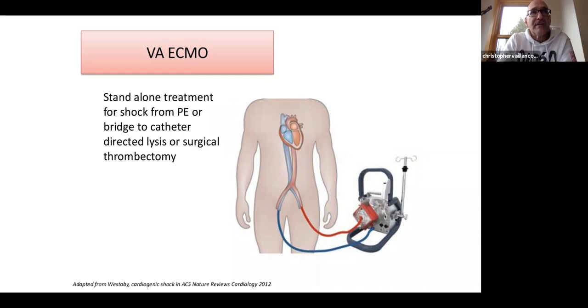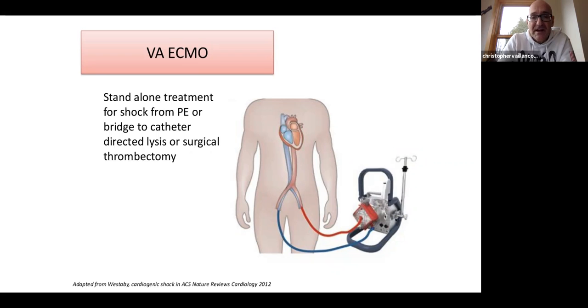I think before COVID, we were ready to roll out with Chris White doing simulations, getting all the equipment in room 19. Chris said he could probably set this up within about 10 minutes. So I think in the future, if this becomes more standardized, this is probably the thing to do.